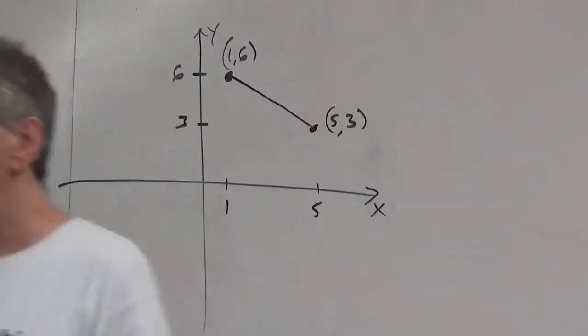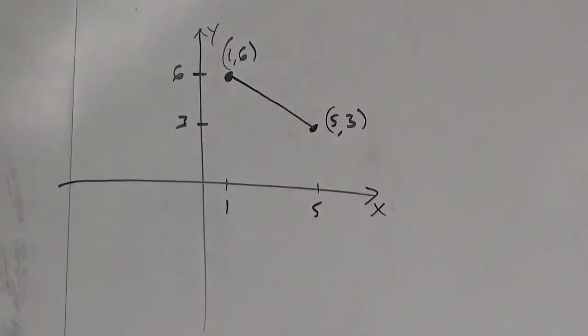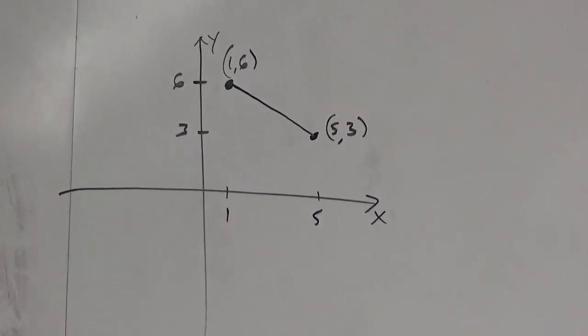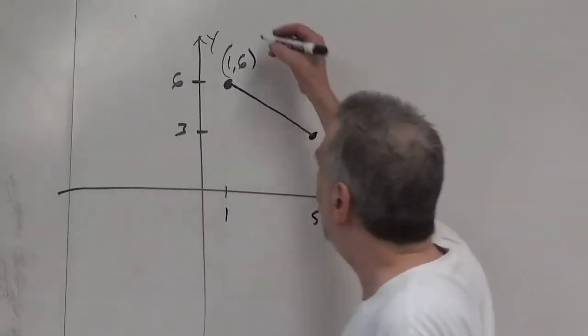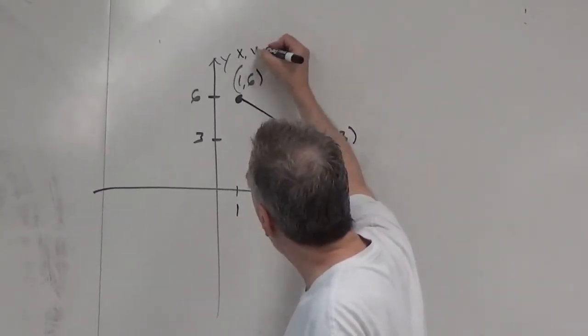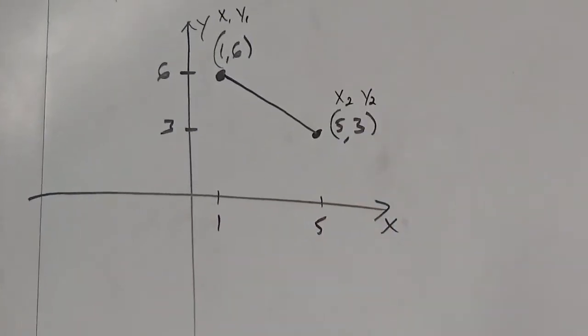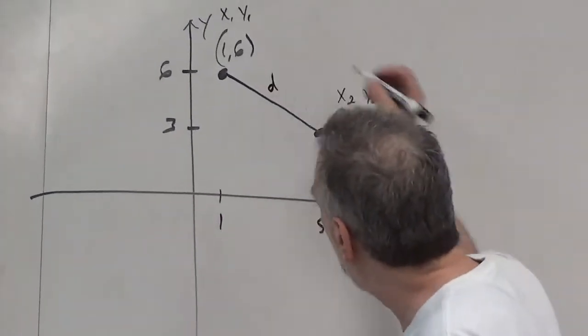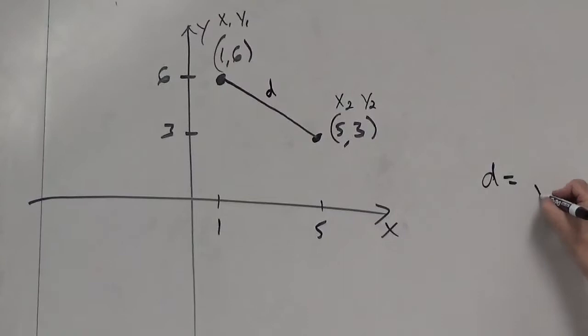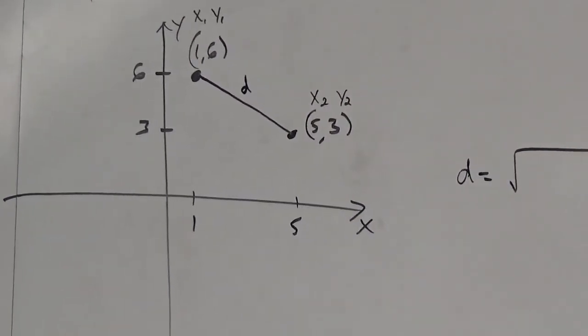All right, so all we're going to do, and here again, it doesn't matter which point you use to be your x1, y1, and which point to be your x2, y2. Just be consistent once you make that choice. So I'll call this one x1, y1, and this one x2, y2. And if I want the distance between those 2 points, I'm going to plug those values into the formula that we just derived.